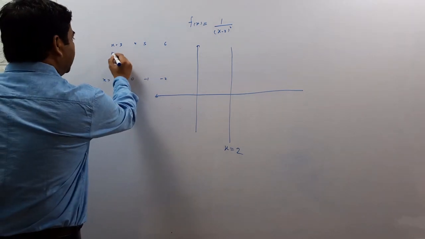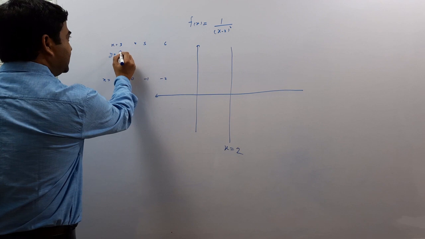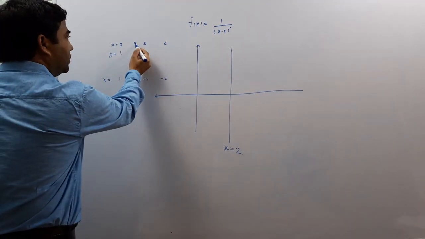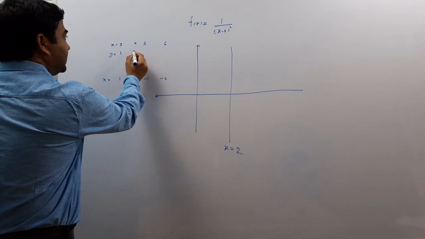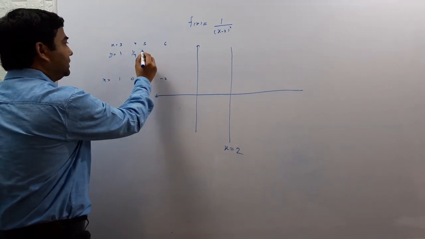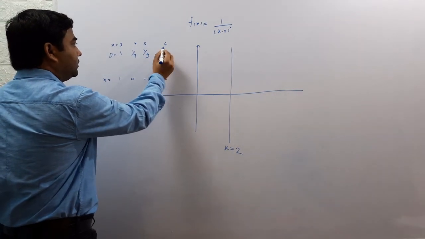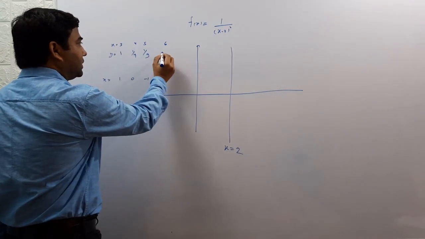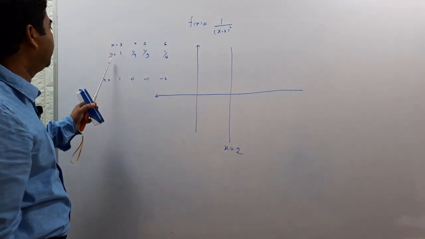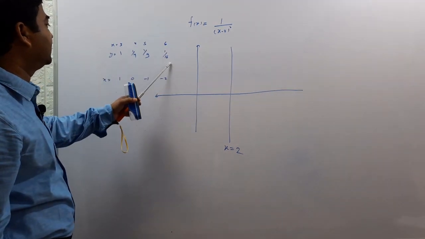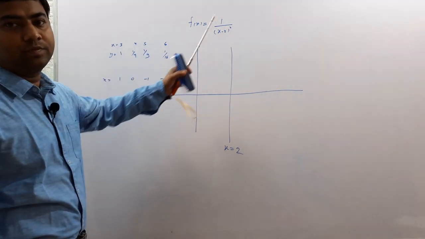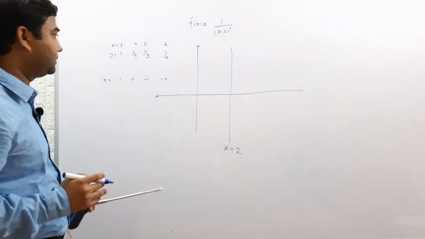For x equal to 3, y is 1. For 4, it is 1/4. For 5, it is 1/9. For 6, it is 1/16. So these are the values of the function which we are getting by this rule.